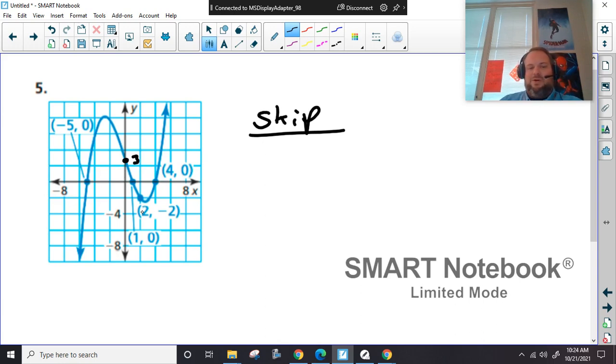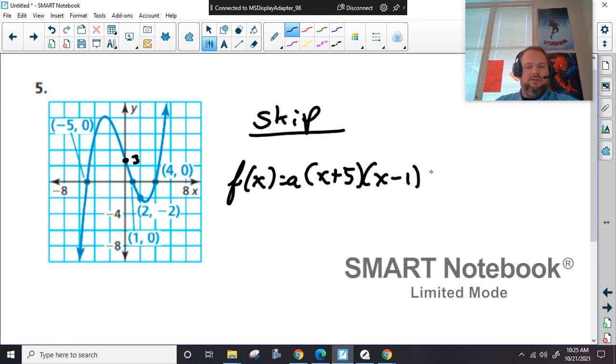I want to know why we're giving this extra point right here. So we're going to come back and look at that. We could go ahead and do this part though. This would be x plus 5, x minus 1, and x minus 4.